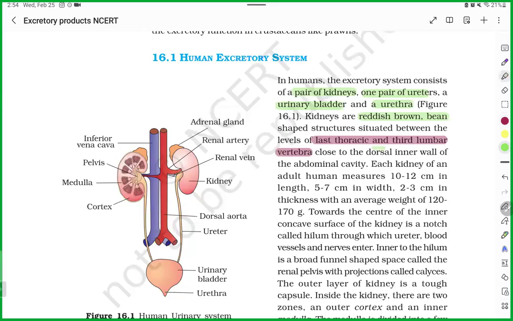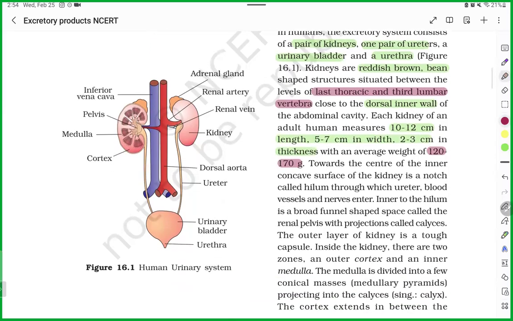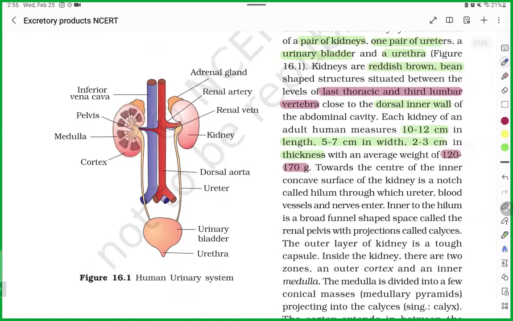Present dorsally, means back side of the abdominal cavity. Length of the kidney is 10 to 12 centimeters. Width slightly less, 5 to 7, and thickness least, 2 to 3 centimeters. Weight almost 150 grams.